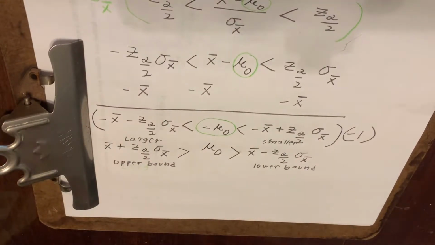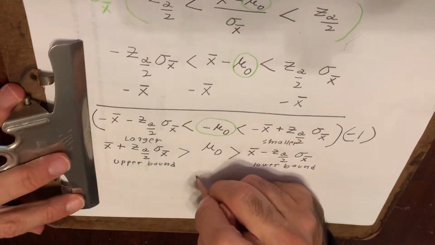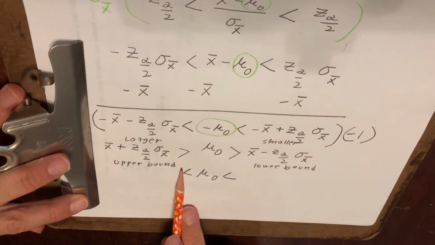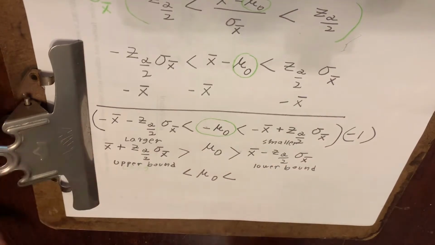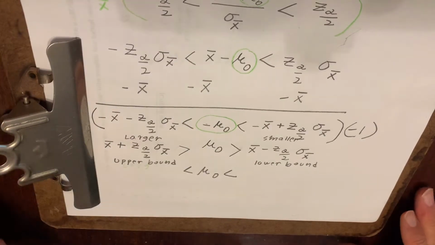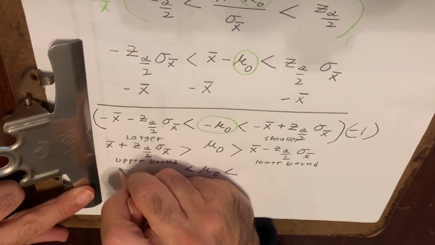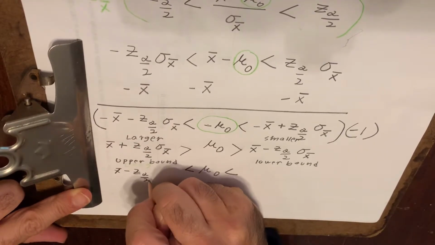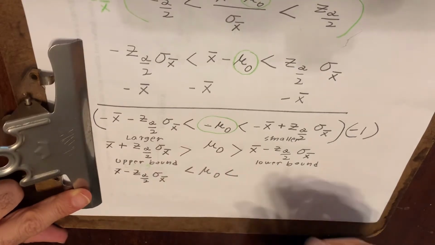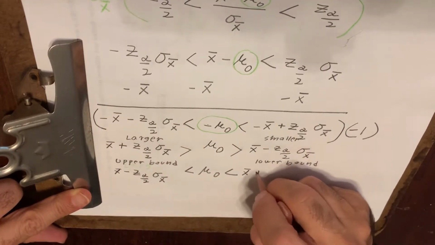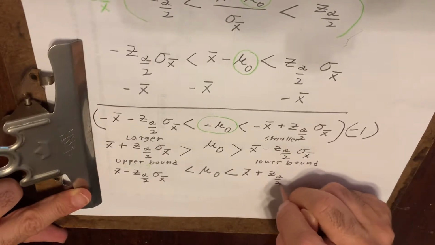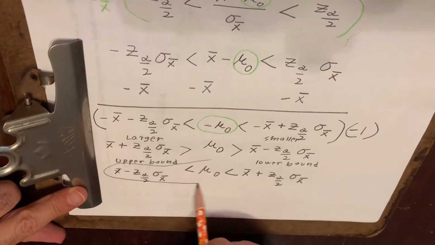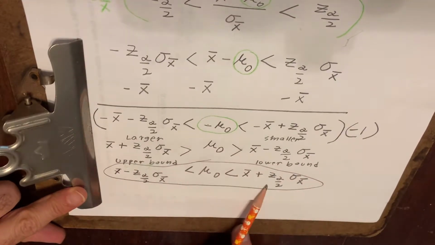So the way we're going to write this is mu naught is between, again, less than symbols, because we read from left to right in math, right? We have less than X bar minus Z sub alpha over 2 sigma sub X bar, and X bar plus Z sub alpha over 2 sigma sub X bar. And you should recognize this as the confidence interval.